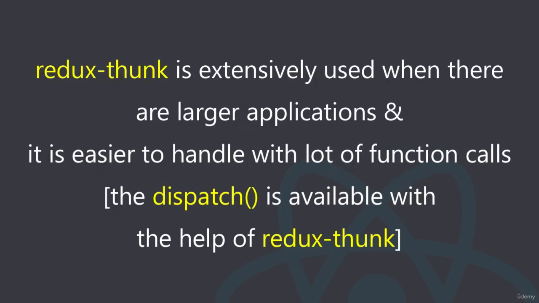But Redux thunk is extensively used when there are larger applications, and it is easier to handle with a lot of function calls. The dispatch object is available with the help of Redux thunk. So rather than discussing other syntaxes, I prefer to show you the Redux thunk.